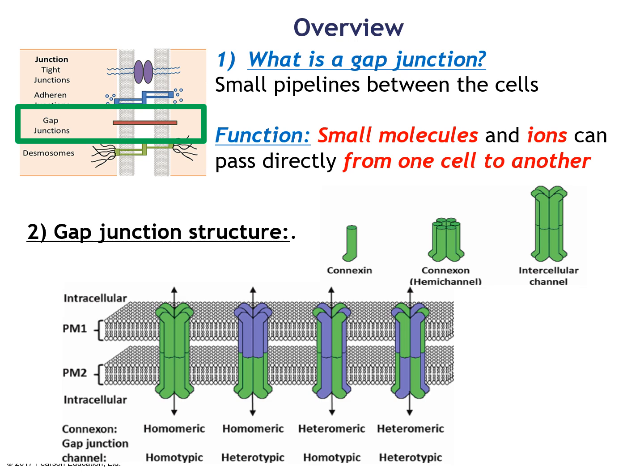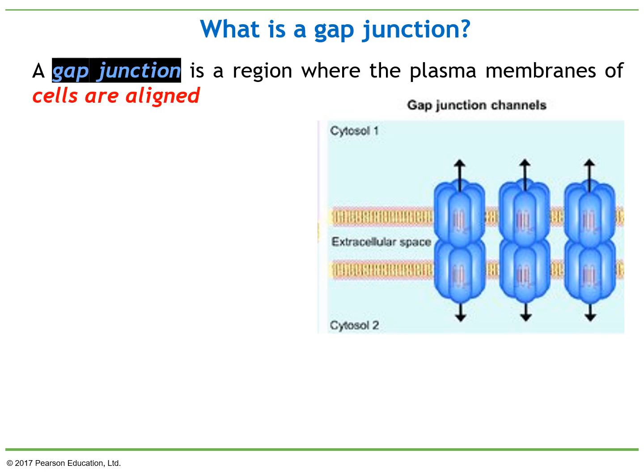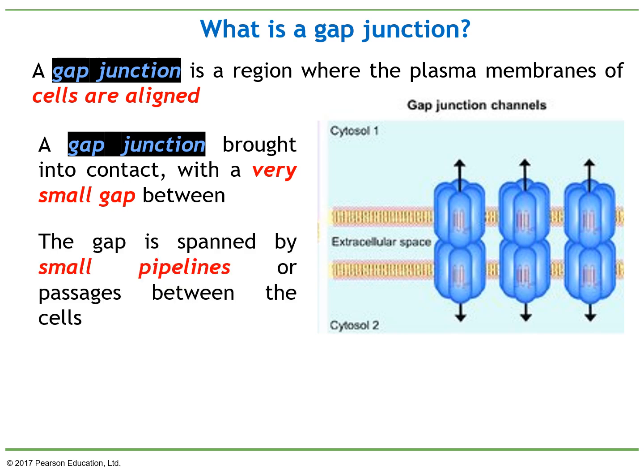Okay, so let's quickly go into that. Again, one cytosol here, another cytosol here, and only ions are going to cross. No nucleus, no organelles, no DNA. Those channels are very tiny. Gap junctions are regions where the plasma membranes of cells are aligned, with a very small gap.